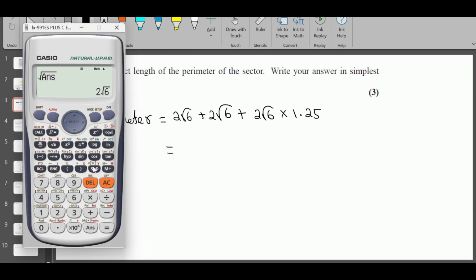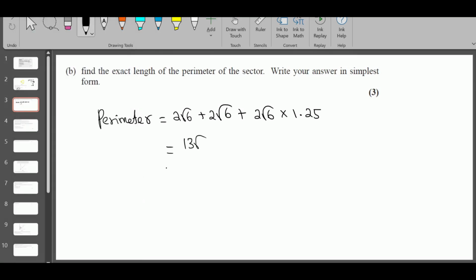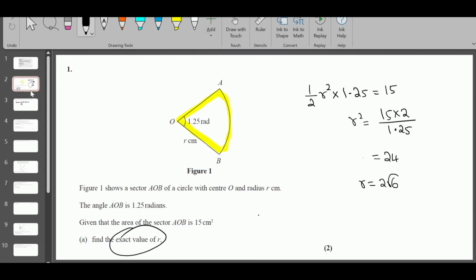So if you take 2 root of 6 as a common factor out, 1 plus 1.25, 2 square root of 6 times 2 plus 1.25, you will get 13 square root of 6 over 2.